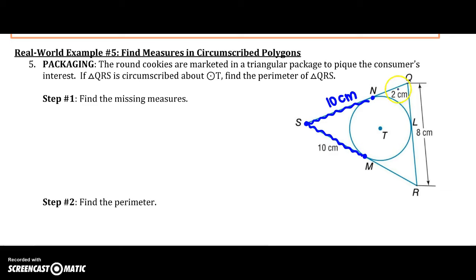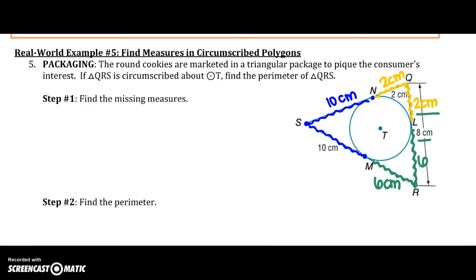What else do I know? I know that QL is 2, so I know that QN is 2 centimeters. Well, if this is 2 centimeters, then this would be 8 minus 2, which would give me 6, and because it's, again, tangent, I would have 6 centimeters over here.